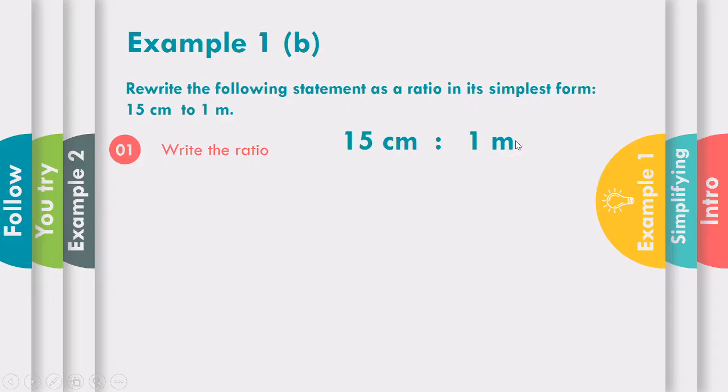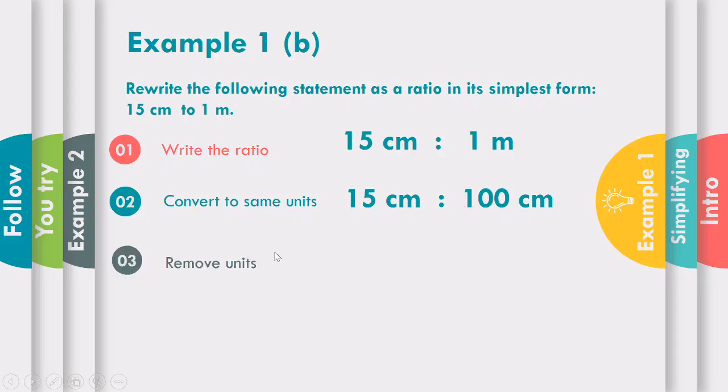We know that there's 100 centimeters in 1 meter, so I can rewrite this ratio, converting those units to the same, as 15 centimeters to 100 centimeters. We also remember there's no units in a ratio, so now we've got these units the same, we can get rid of them, and we've got a ratio of 15 to 100.